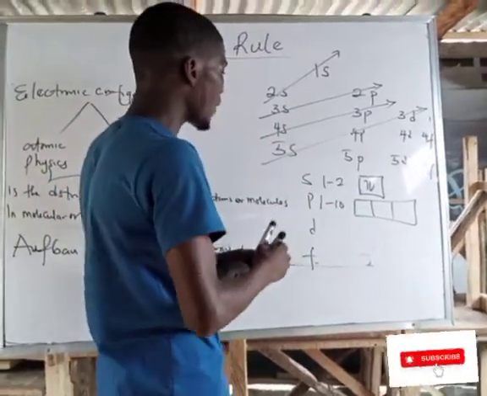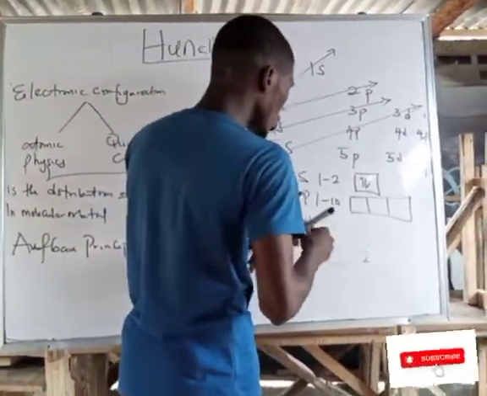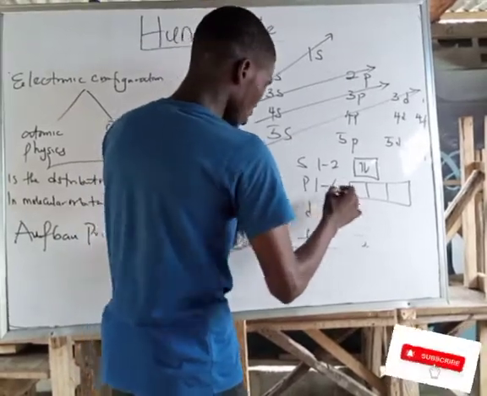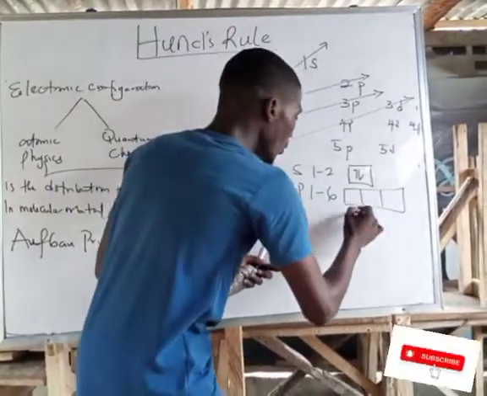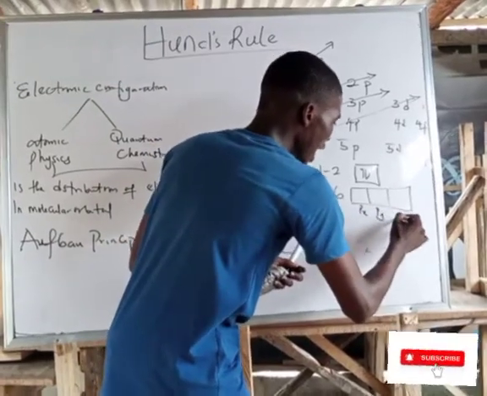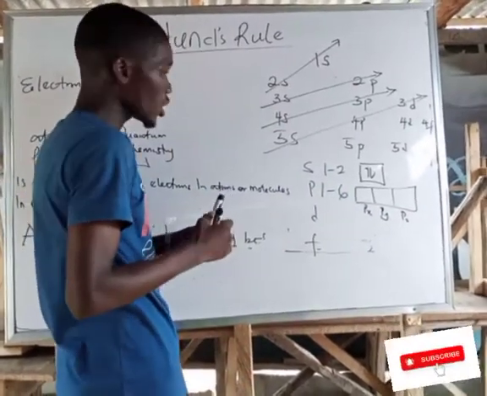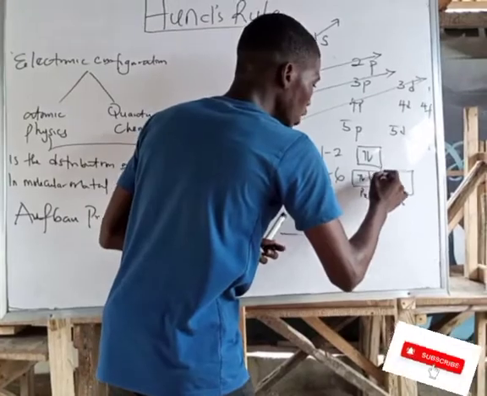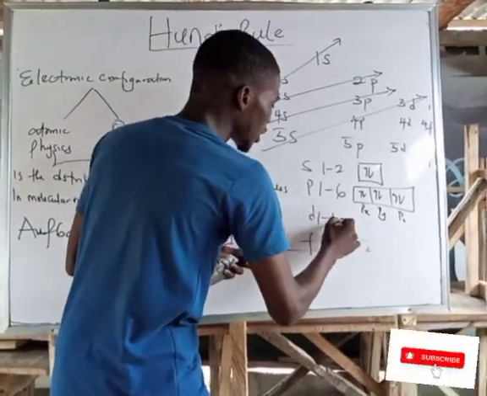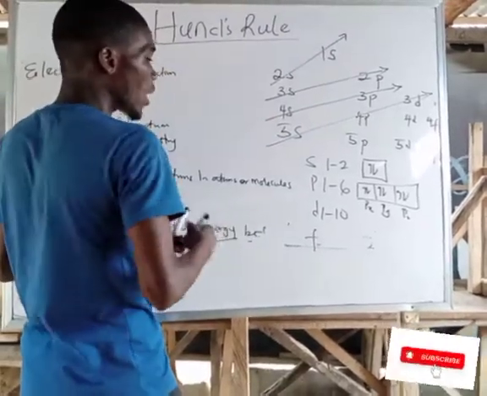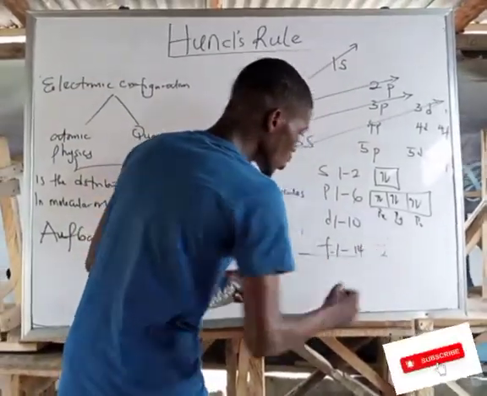For p, 1 to 6 electrons, it generates orbitals that can be divided into 3. We have the px, the py, and the pz. So we have 1, 2, 3, 4, 5, 6. Our d can contain electrons from 1 to 10, and our f 1 to 14.